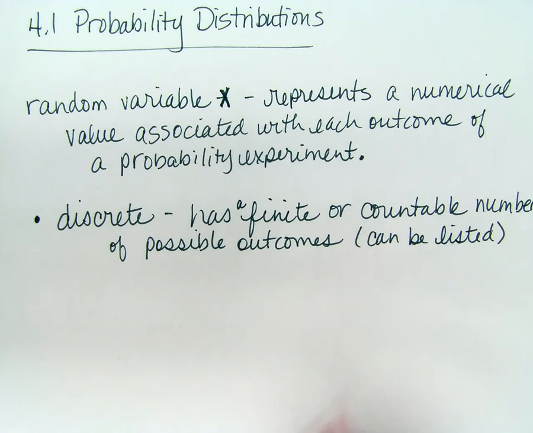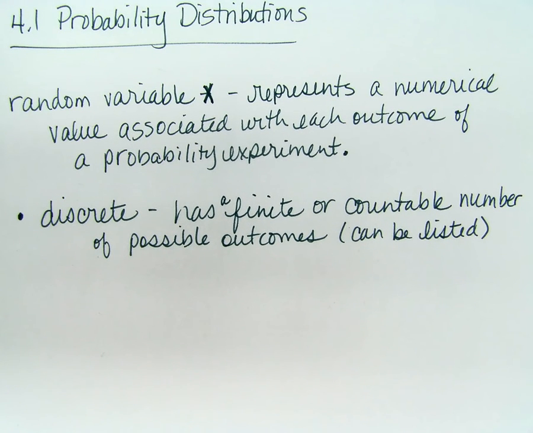Another way to think of it is all the outcomes could be listed. We can make a list of all the outcomes. So a discrete variable has a finite or countable number of possible outcomes.